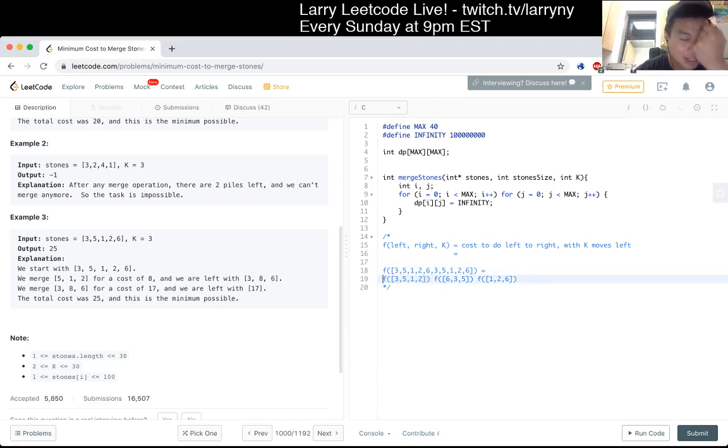I'm trying to think about how to analyze this complexity wise. 15. Well, this is just 3 times 3, which is 9. I'm just using the calculator. Okay.